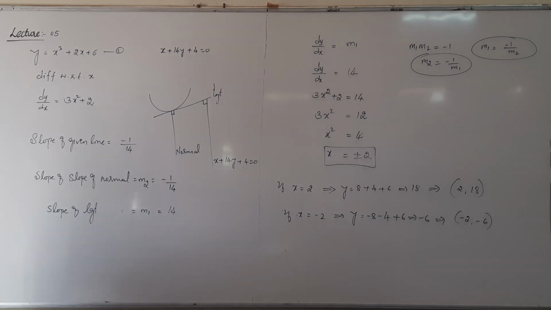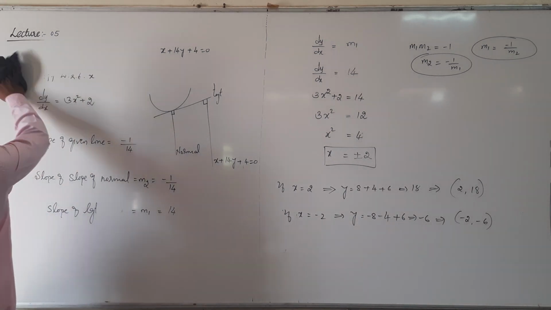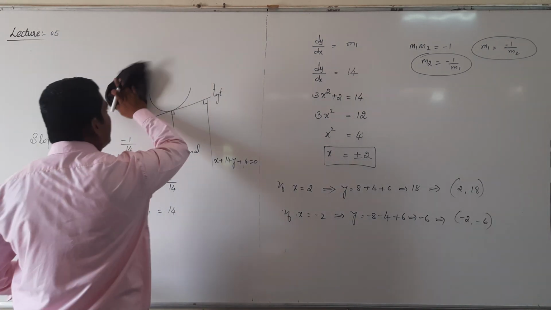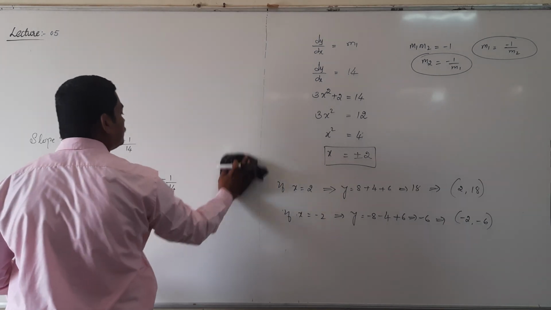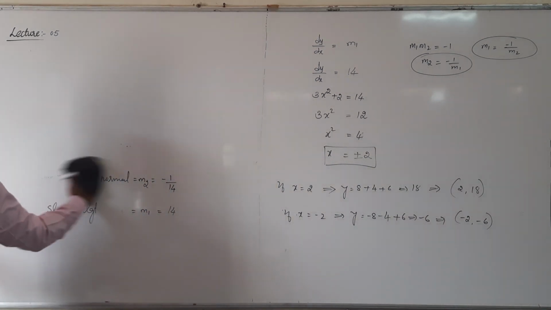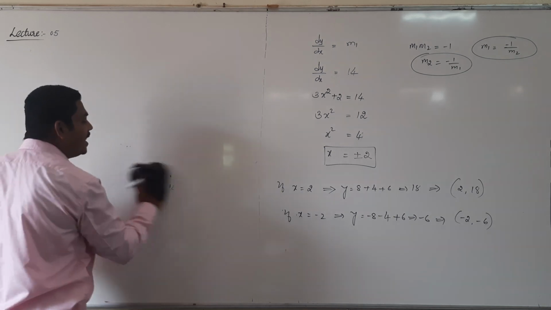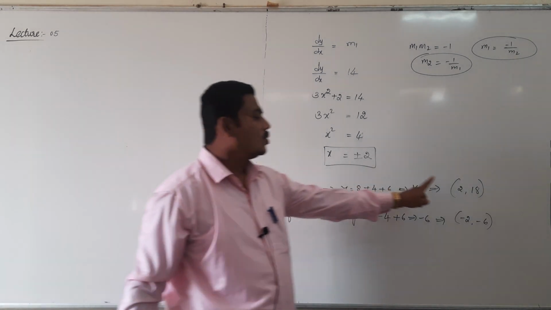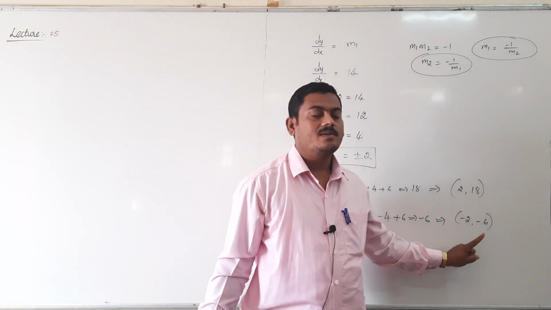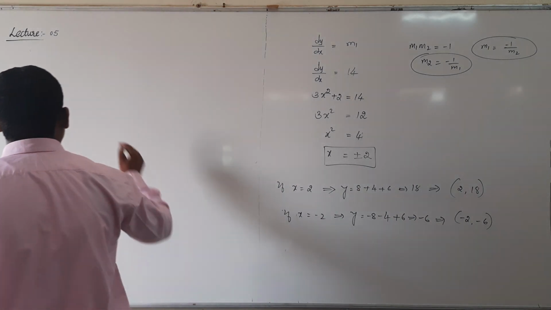Right? Now write the equation of the normal. There are two normal lines, at 2 comma 18 and at minus 2 comma minus 6.